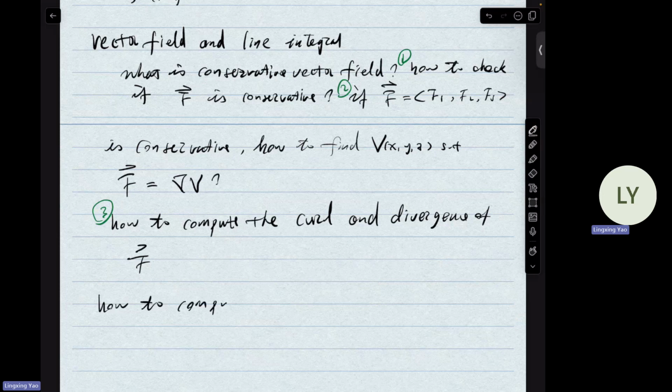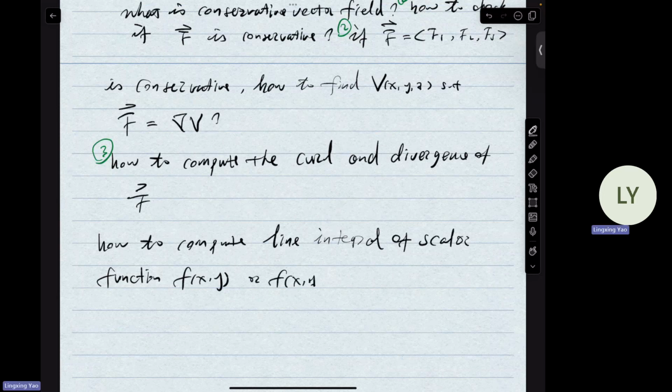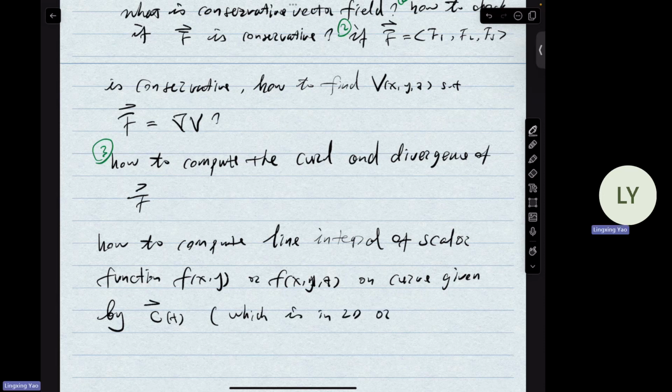how to compute line integral of scalar function f of x, y or f of x, y, z on curve given by c(t), which is in 2D or 3D.